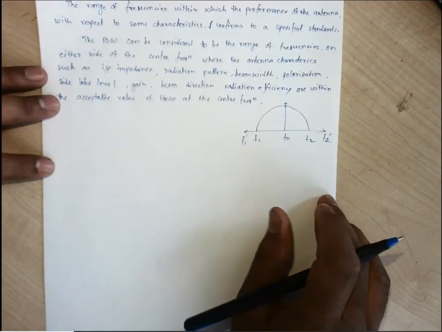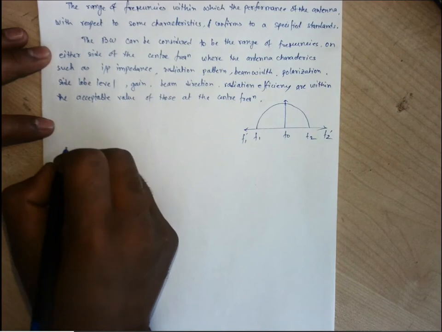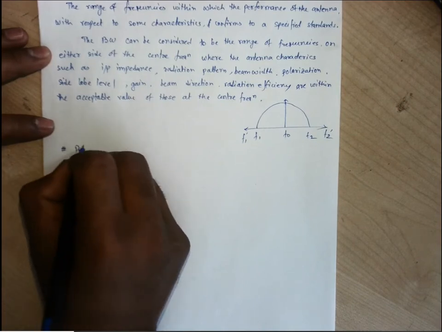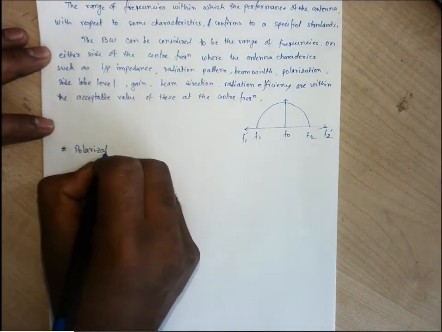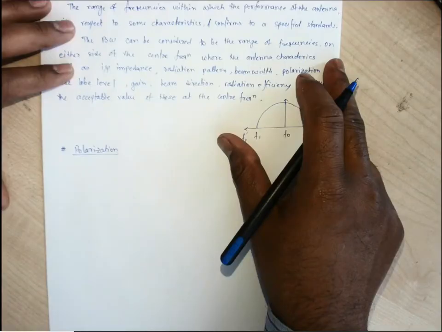Next is the polarization. Many times we have discussed this polarization. When we talk about the polarization of the antenna, we are mainly talking about the polarization of the wave which is transmitted or radiated by the antenna.